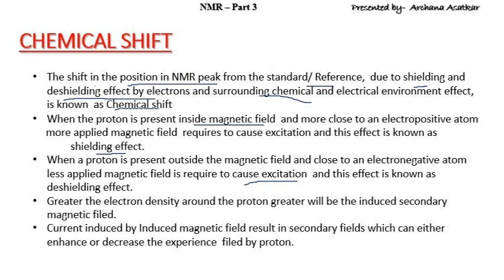The greater the electron density around the proton, the greater will be the induced secondary magnetic field. The current induced by the magnetic field results in a secondary field which can either enhance or decrease the field experienced by the proton.